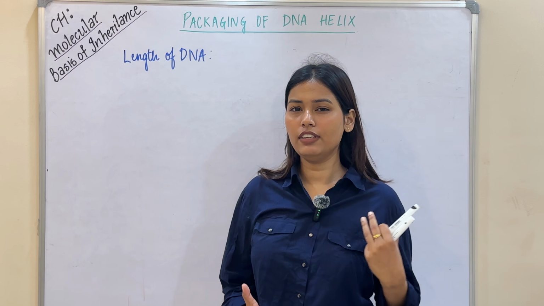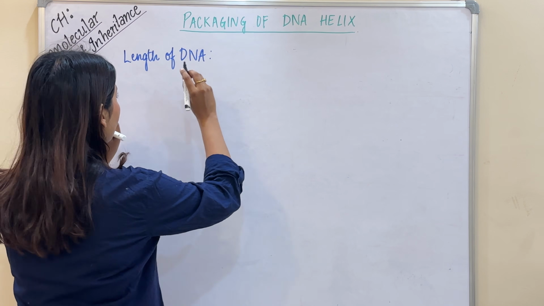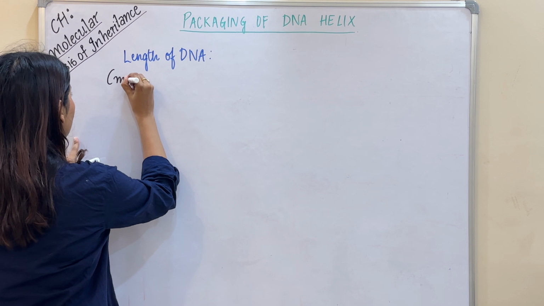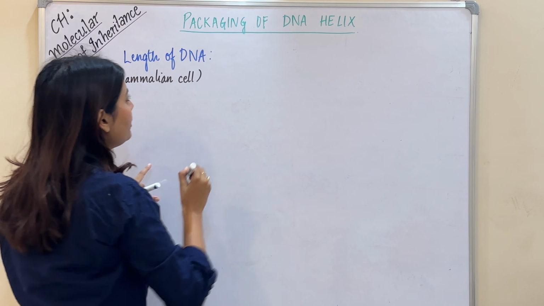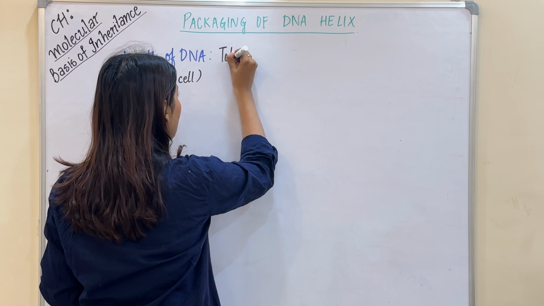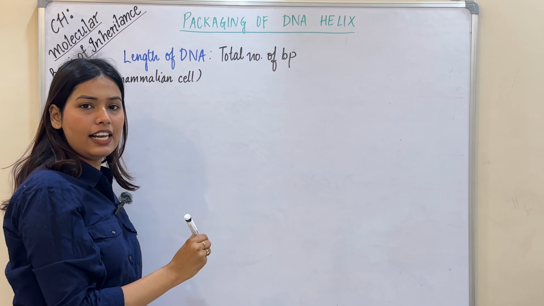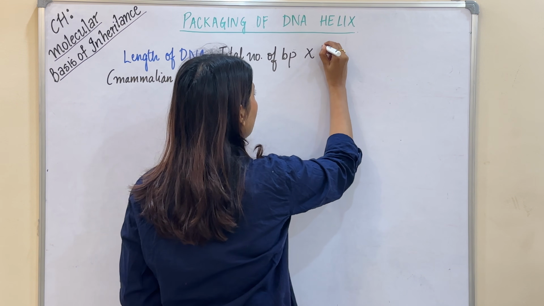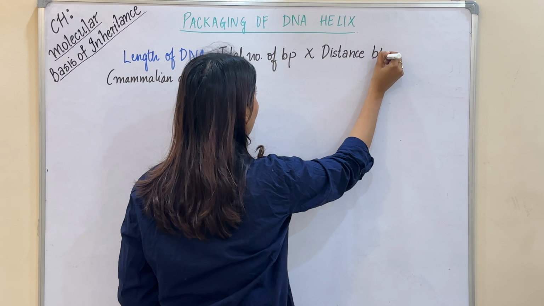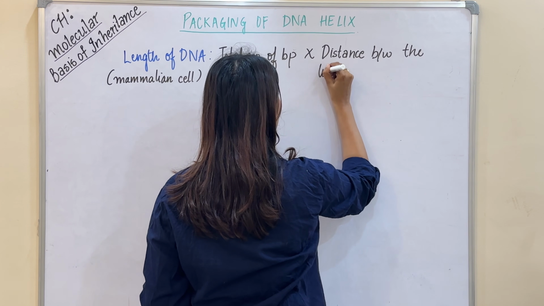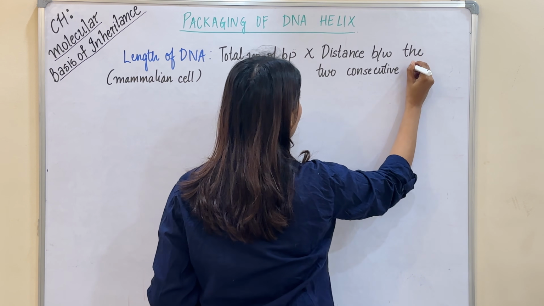So how do we calculate the length of the DNA? Let's just quickly recapitulate. To find the length of a DNA of a mammalian cell, what we did is we took the total number of base pairs present in the cell and multiplied it with the distance between the two consecutive base pairs.